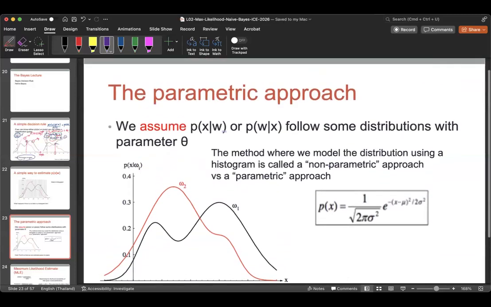Another way is what we call the parametric approach. That is, we assume that this distribution is some distribution with parameters. So let's say this thing is Gaussian. Then we can estimate what kind of Gaussian it is. We get some training data and then we estimate the Gaussian.